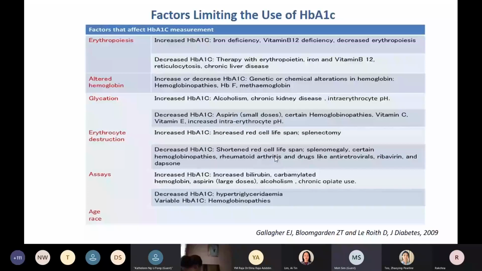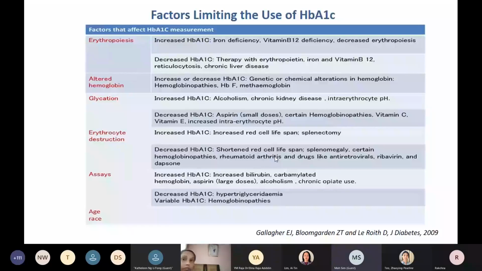HbA1c values can also be affected by altered hemoglobins. So HbA1c values can be increased or reduced where there is genetic or chemical alteration in hemoglobin, such as seen in hemoglobinopathies, HbF, and methemoglobin.